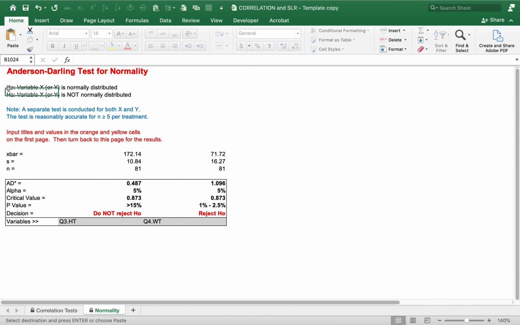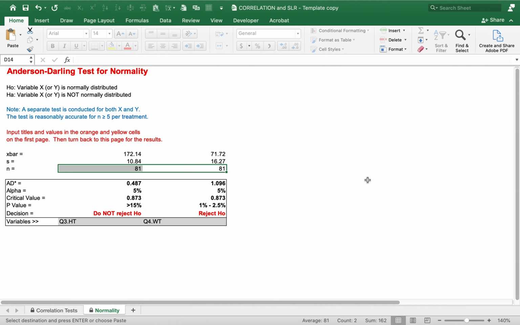Now, the null hypothesis is that the variable is normally distributed, and there's a separate test for the x and a separate test for the y. So there's two normality tests. Now, this seems to be a problem here in that, in this particular case for weight, it says that we reject H0, which would mean that they're not normal. However, we don't have to worry about that when the n's are large enough.